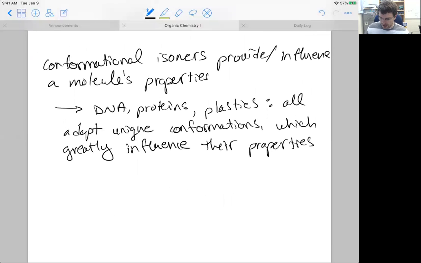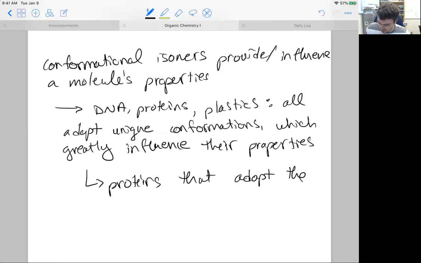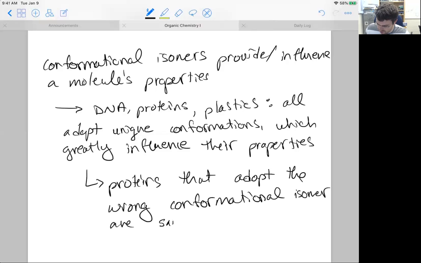In terms of proteins, we can keep talking about this for a second. Proteins that adopt the wrong conformational isomer are said to be misfolded.